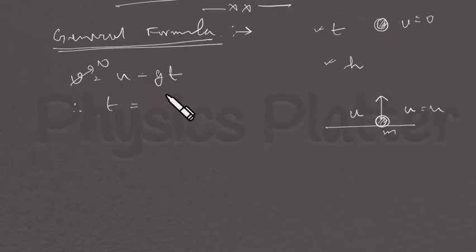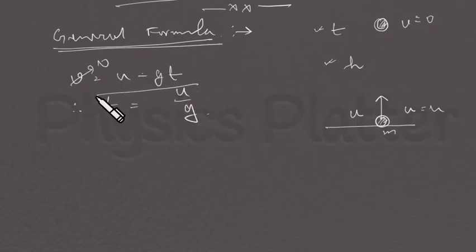We have already found the time taken, though, and we will find the maximum height here. So here v equals 0, u equals u, of course. So we have v equals u minus gt, that gives us t equals u by g.